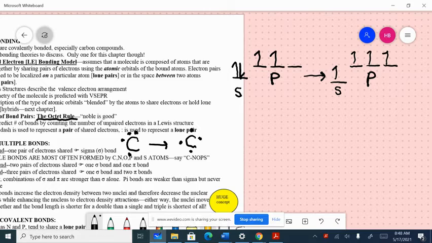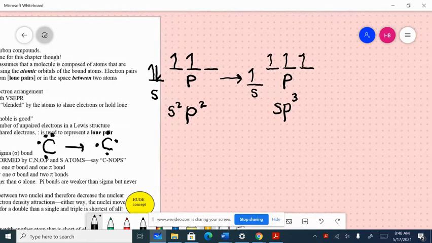So instead of 2s and 2p, we hybridize into 1s and 3p. And just like when you take a cup of hot water and add it to a cup of cold water, you don't get parts that are hot and parts that are cold.